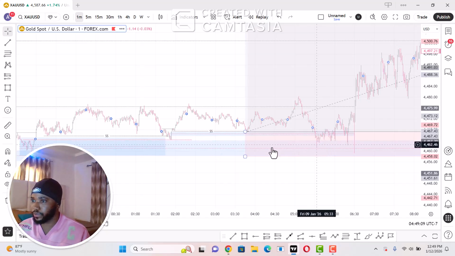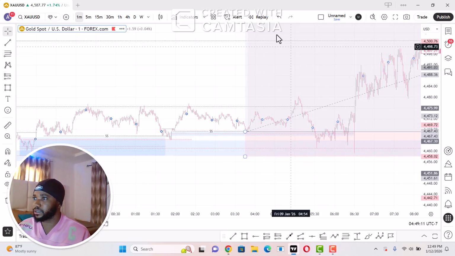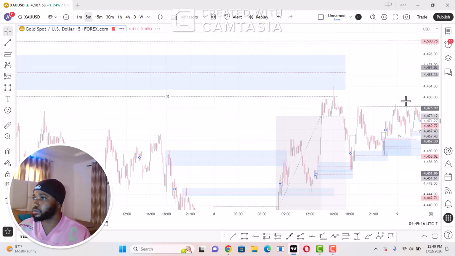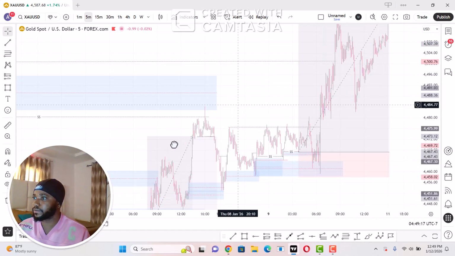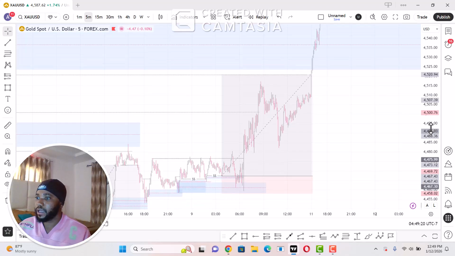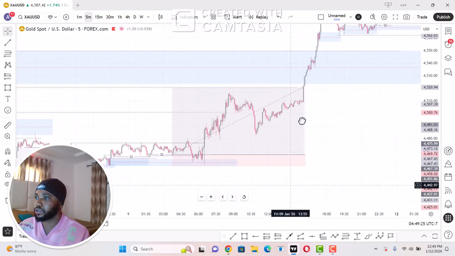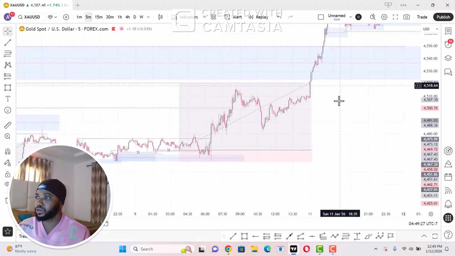Market later make use of that 5 minute order block, and market moved like 1:5. Yeah, I placed that trade on Friday, and it hit my take profit on daily market open on Sunday.